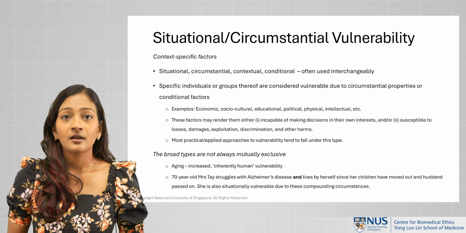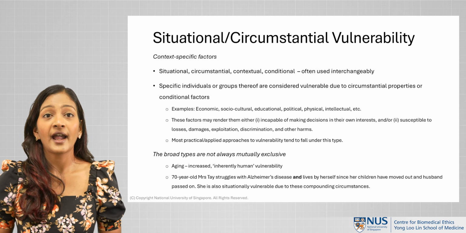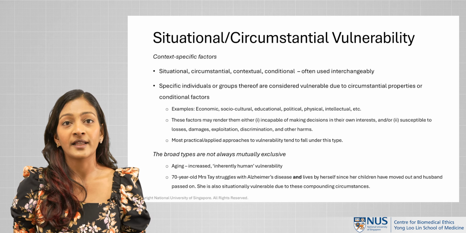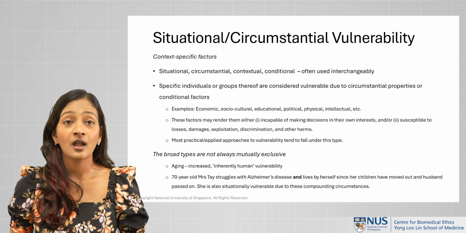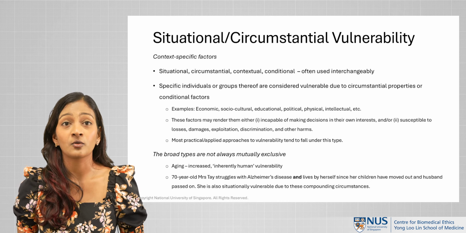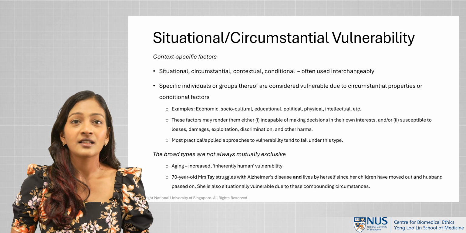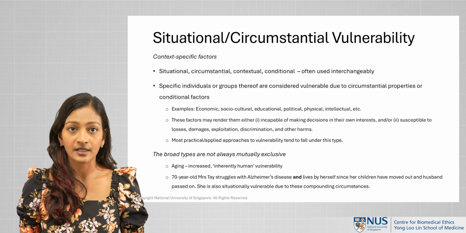On the other hand, we have certain approaches to vulnerability which specifically look at certain contexts and factors that may influence how certain people should be considered vulnerable. Now, there are various terms such as situational, circumstantial, contextual, conditional, and these are often used interchangeably to describe this broad type of vulnerability.